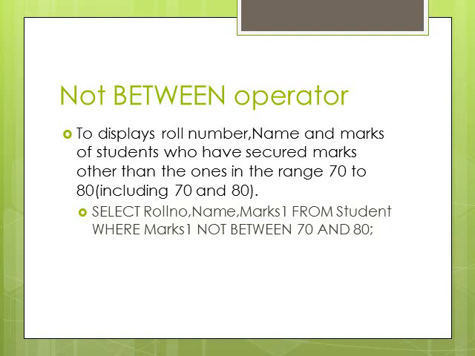Means we want to display the records which are not between 70 and 80, or we can say marks are either less than 70 or more than 80. To display those records, we write the statement: select roll number, comma name, comma marks 1 from student where marks 1 not between 70 and 80.